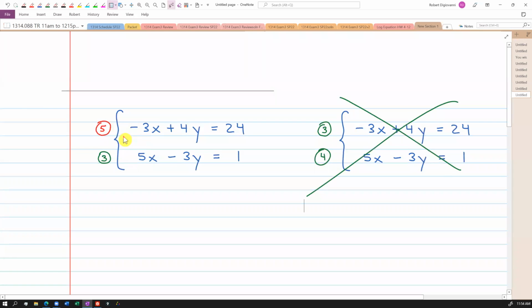So let's distribute the 5 through. Take a minute. You go ahead and try it real quick. Distribute the 5 through. Write down the equation, and let's make sure that we all have the correct equation written.